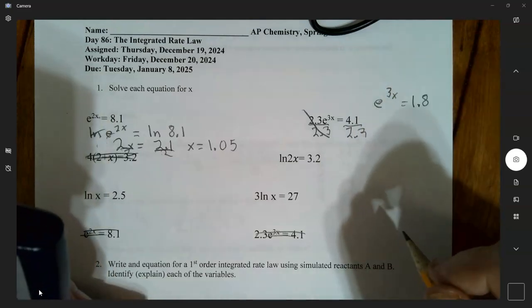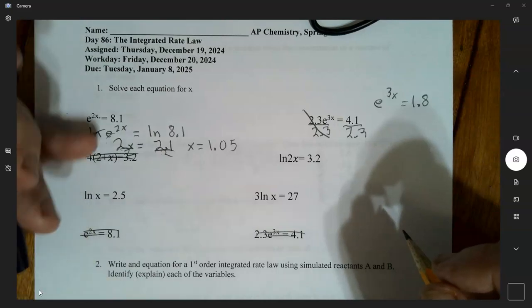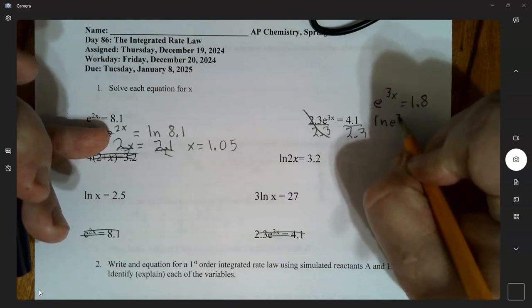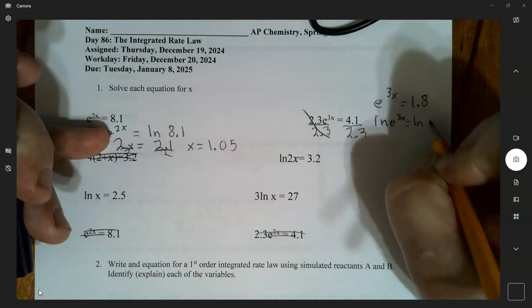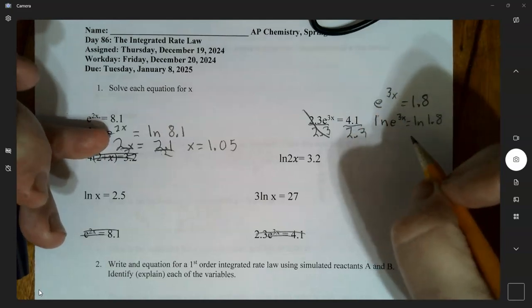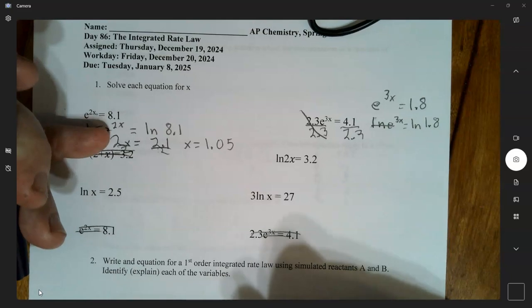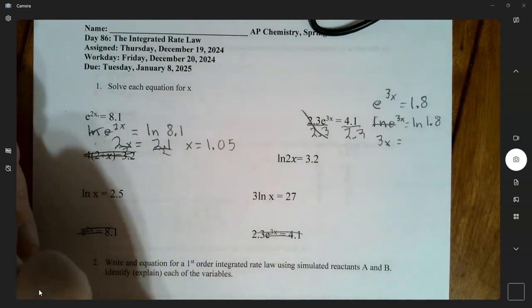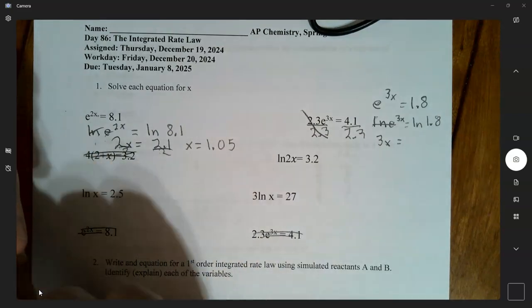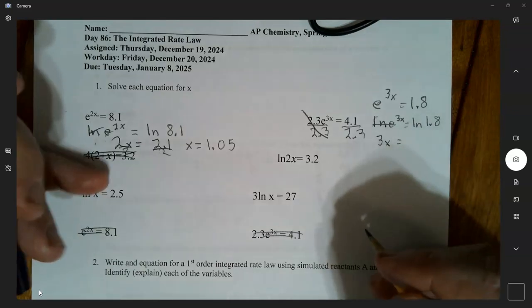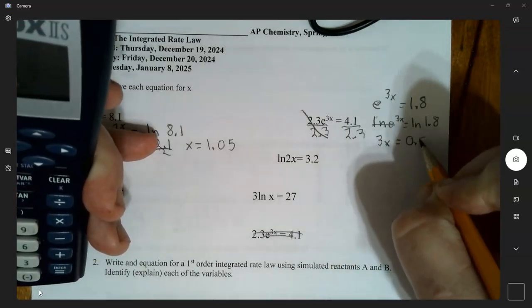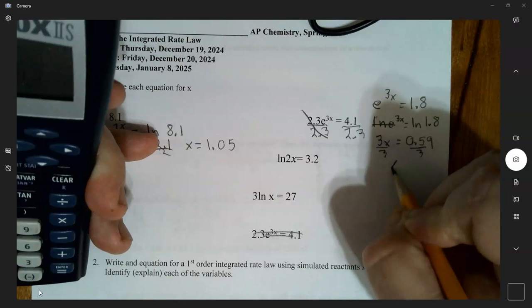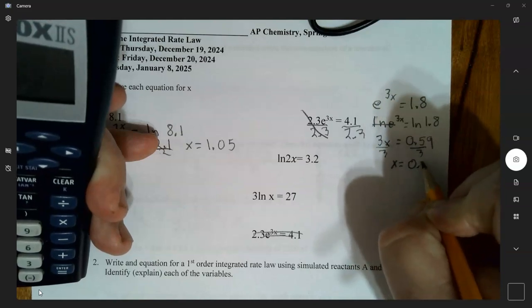So now we're going to take the natural log of both sides. Again, the ln and the e inverse each other, so you end up with just 3x. The natural log of 1.8 is going to give you 0.59. Divide both sides by 3, and you get x equals roughly 0.2.